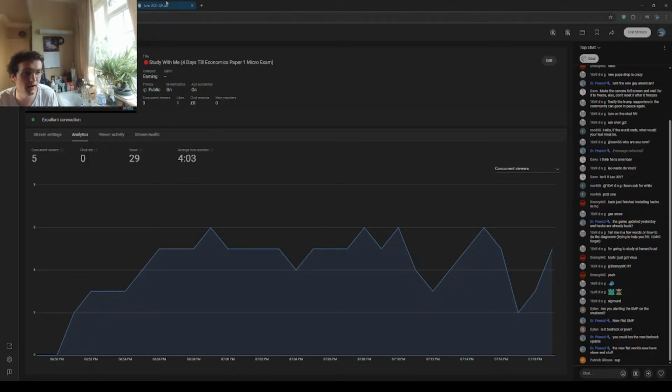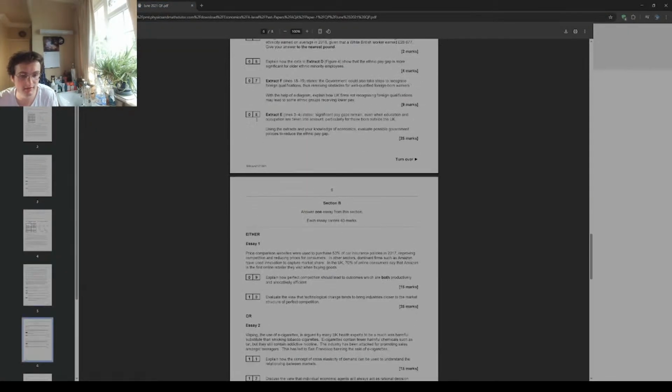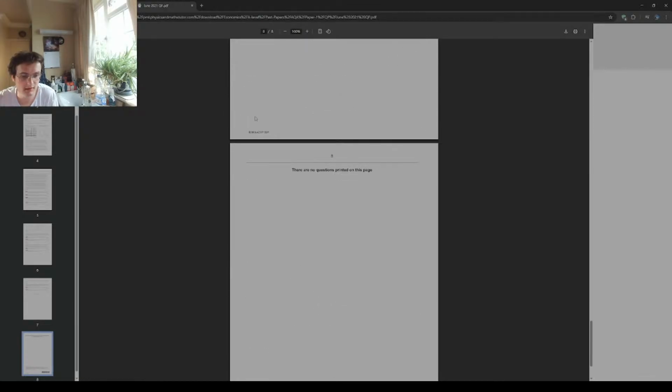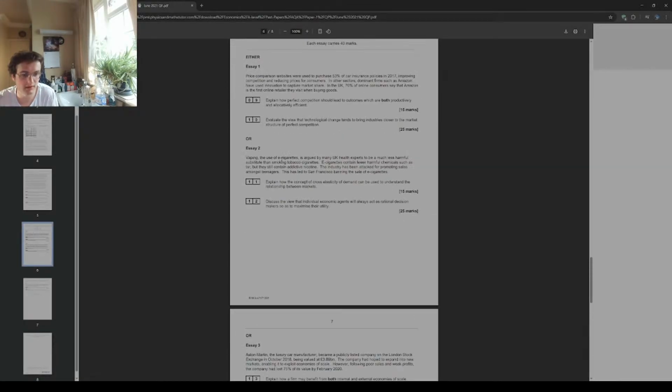Let's just pull up my 15 marker over here. Explain the concept of cross-elasticity of demand, which can be used to understand the relationship between markets. Well, after you do the definition of 1 or 2, then you just understand the relationship between markets.